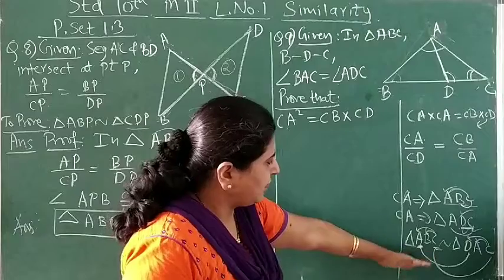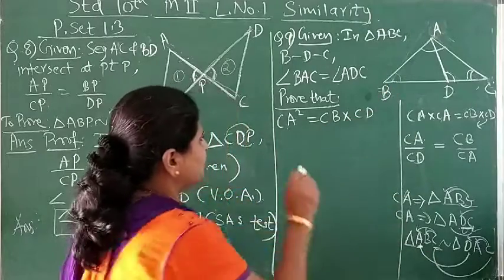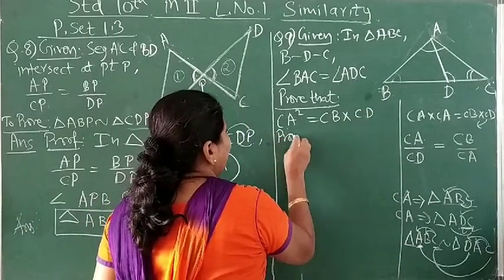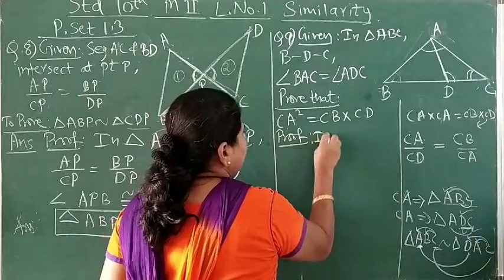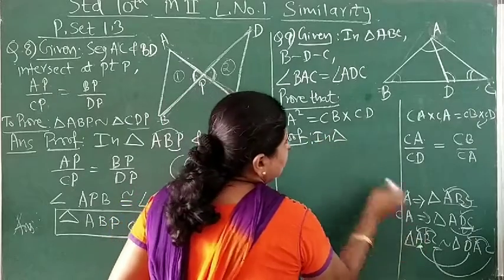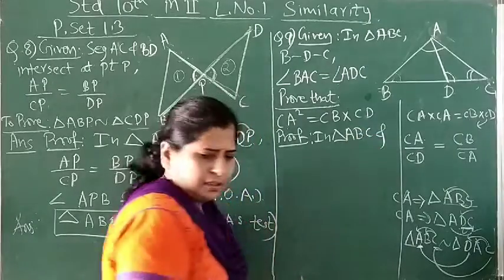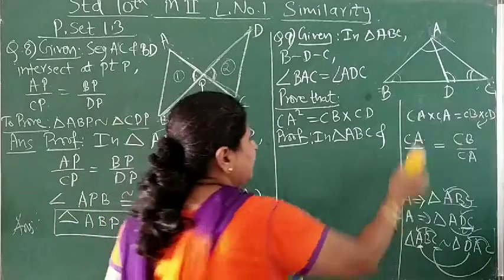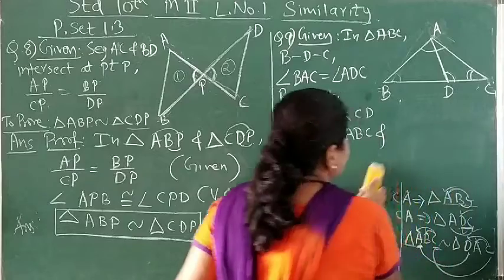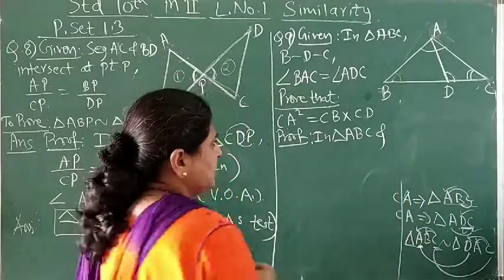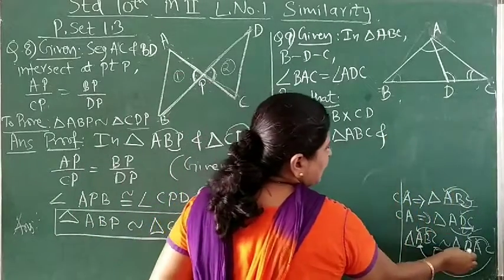Let's start writing the proof. We will write in triangle ABC and triangle, what is the correspondence we have decided?